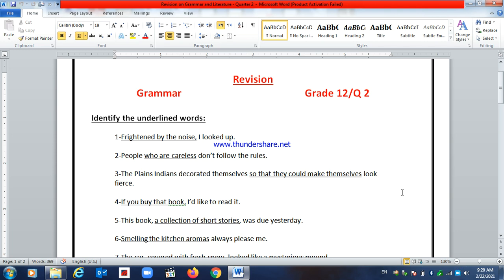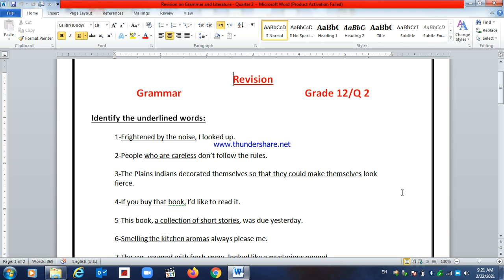So the underlined words, adverbial clause. What kind of adverbial clause? Adverbial clause of purpose. Before mentioning that it's an adverbial clause, is it the main clause or subordinate clause? Number 3, subordinate clause. So at the beginning I'm going to mention subordinate clause and then adverbial clause of purpose.